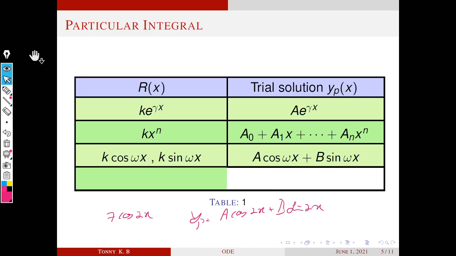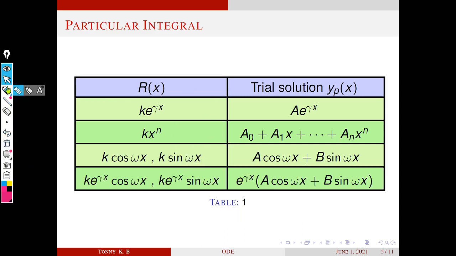And we have one more case, this is the last case. Some k times e raised to gamma x cos omega x is a product, and k times e raised to gamma x into sine omega x, any one of them, then it has only one trial solution. For example, consider 3 e raised to 2x into sine 5x.